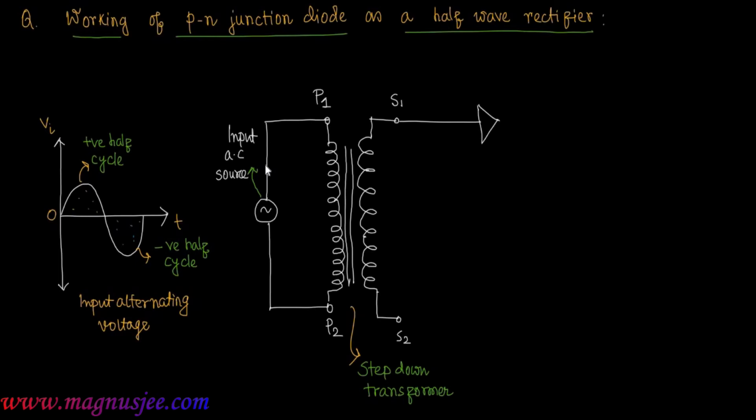PN junction diode. D1 is the PN junction diode, and here there will be only one PN junction diode.